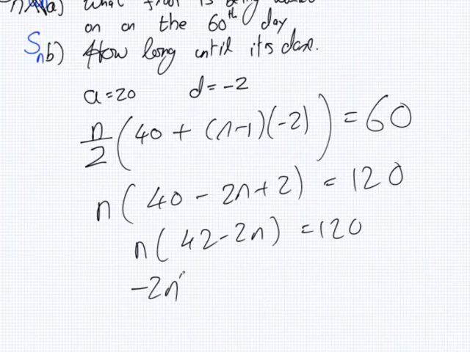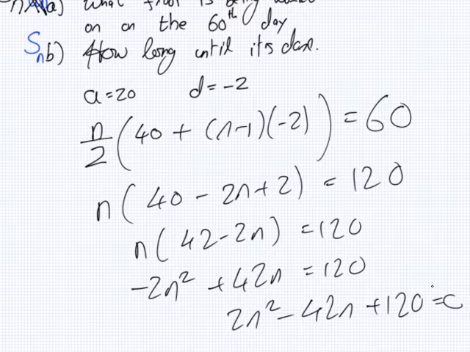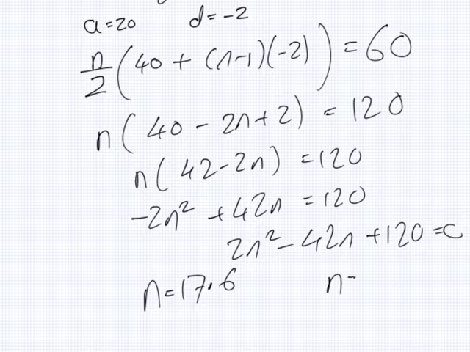Minus 2n squared plus 42n equals 120. 2n squared minus 42n plus 120 equals 0. And this is just a quadratic. I think the answer will be ugly, which is okay. So we get two answers. n equals 17.6 or n equals 3.4.